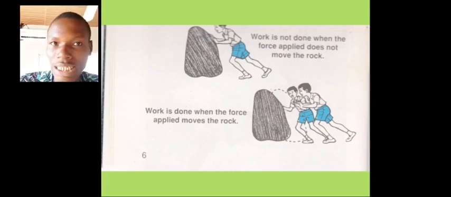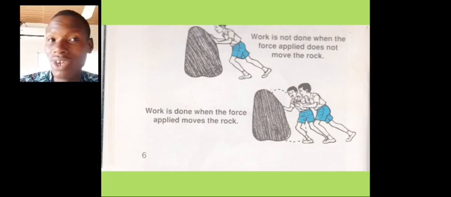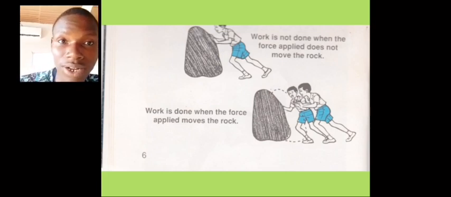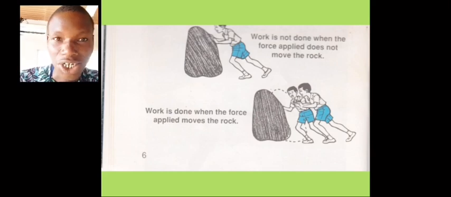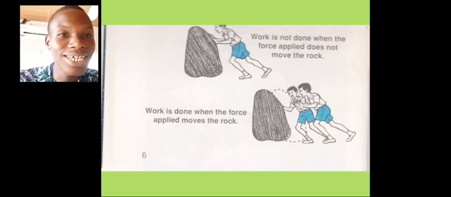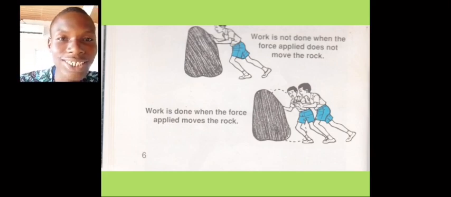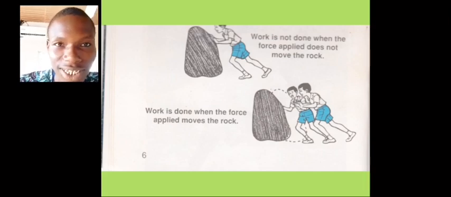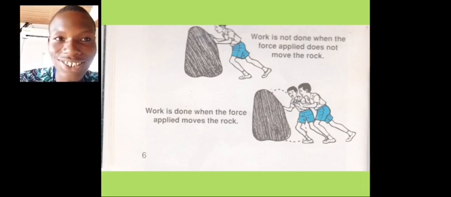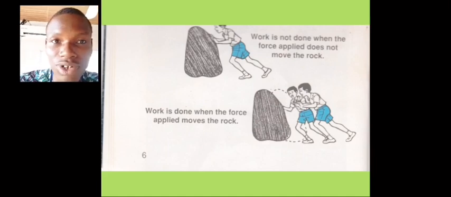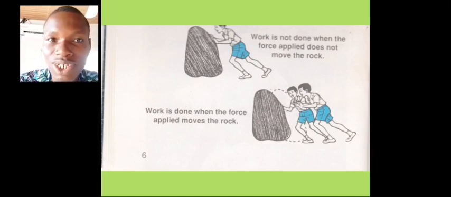There is force, yes, because previously I've told you that work is force times what? Distance. So, since there is force being applied, let's assume the force is 50 Newton, and the distance is zero, since no distance has been covered. So my total work done will be 50 times what?